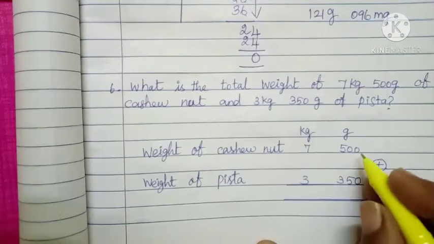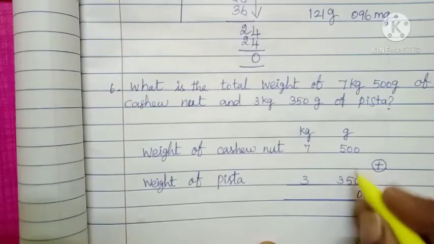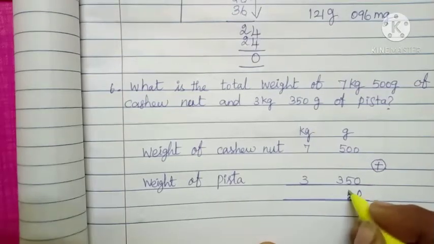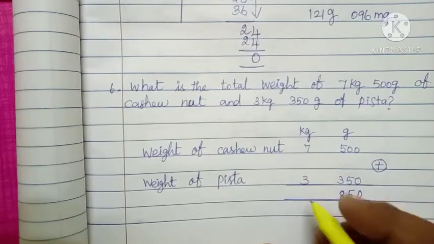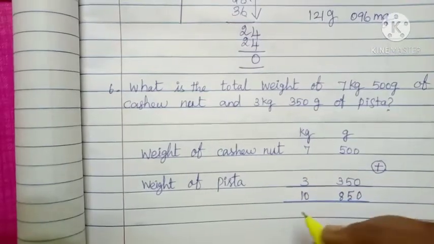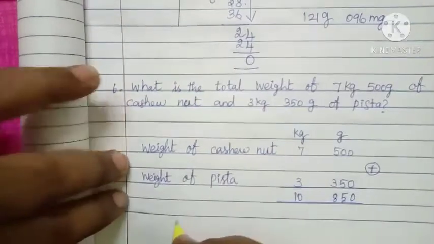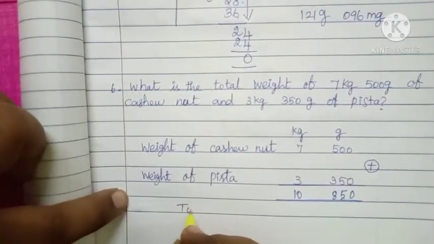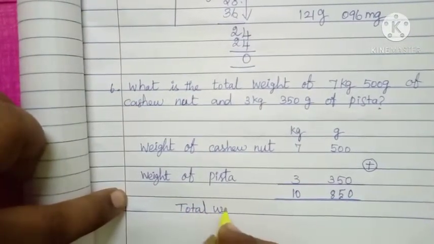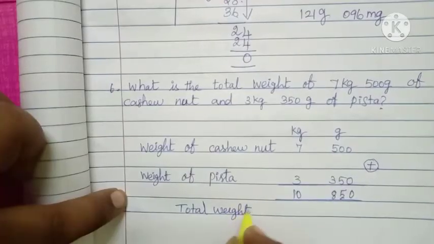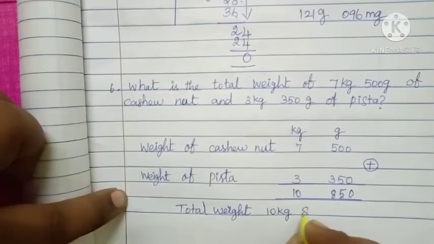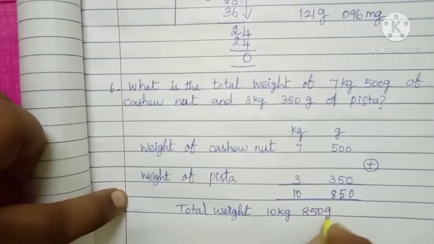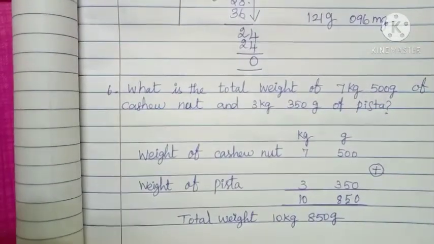Directly do 0 0 0. 0 plus 5, 5. 5 plus 3, 8. 7 plus 3, 10. So write the answer. Total weight is 10 kilogram 850 gram.